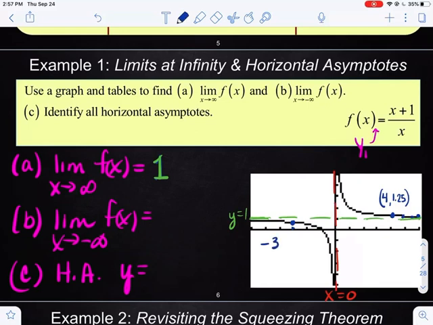So if I put -3 in, -3 plus 1 is -2. -2 over -3 is 2/3. So you kind of see where your value is getting bigger, coming up towards 1. It goes from 0 somewhere to 2/3. So let's say I think it's approaching 1 also on that side, right?